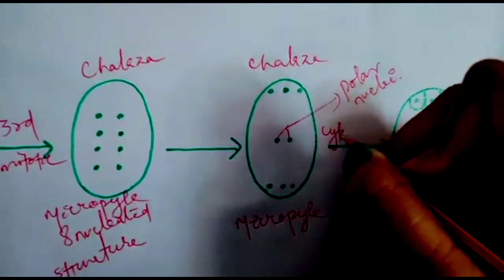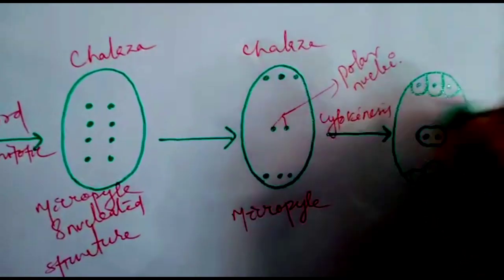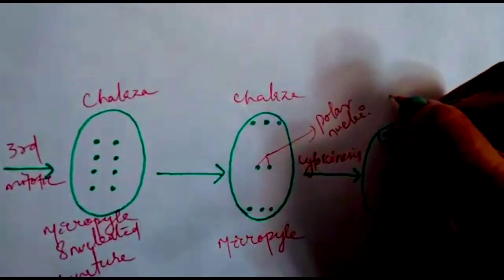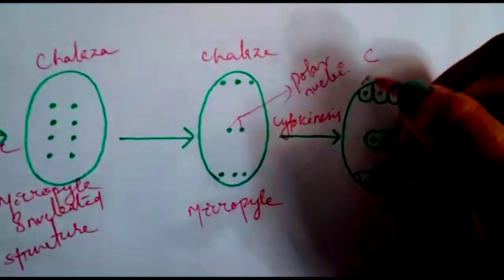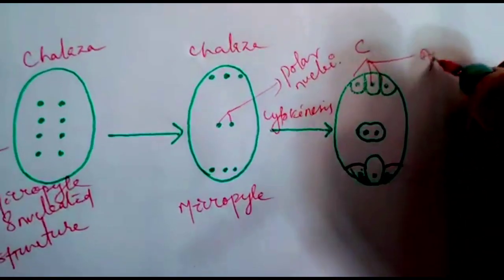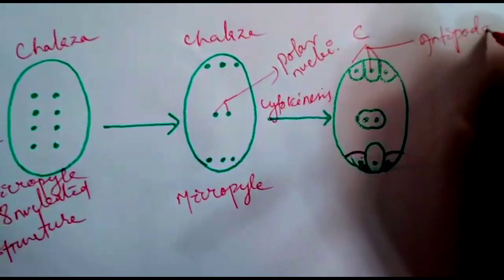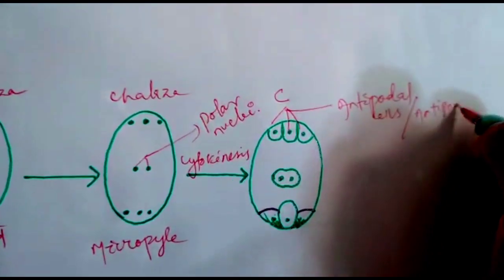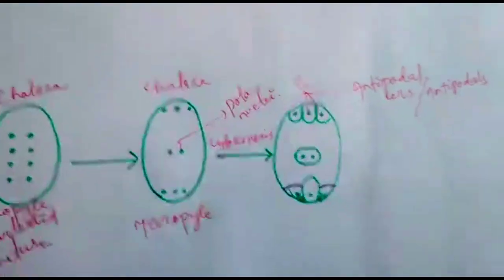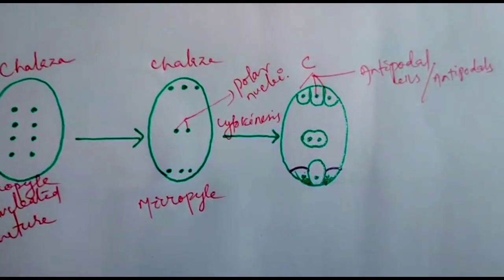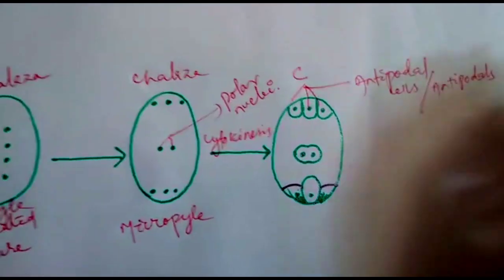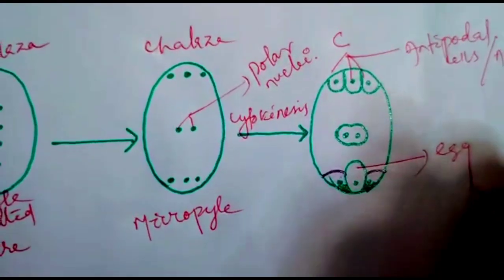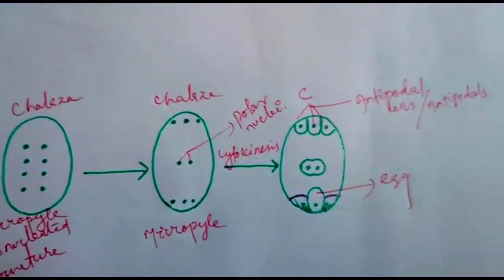Then cytokinesis takes place in these nuclei. The 3 cells present at the chalazal end are known as antipodal cells or antipodals. Then in the micropylar end, the middle cell is bigger and it is known as the egg cell or the egg.